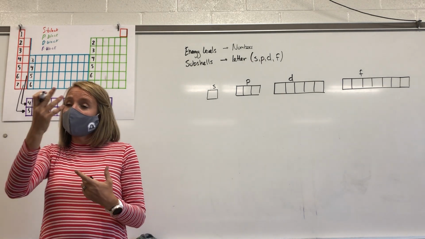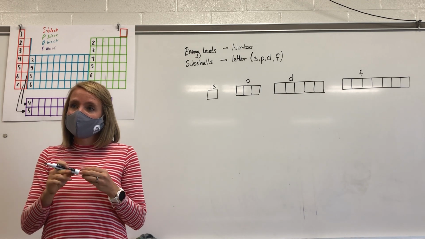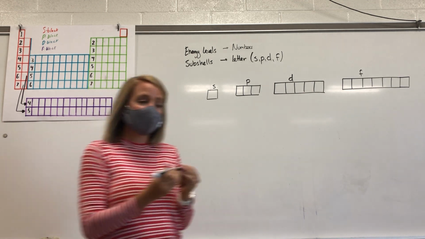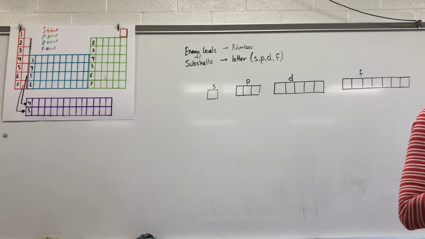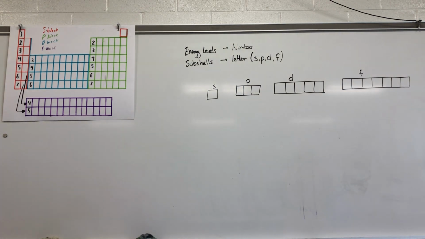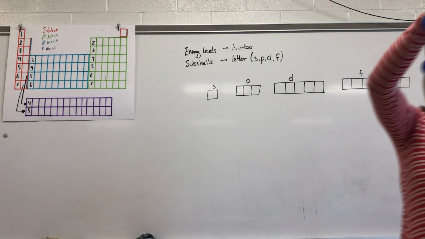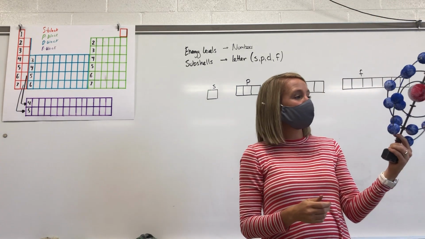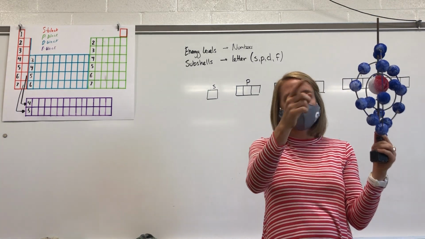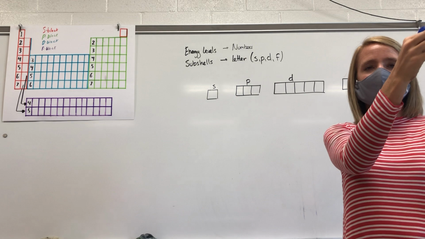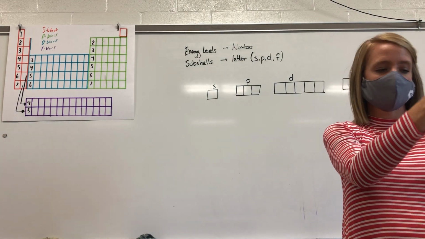Yeah, Evan. So does that mean on that example, all the circles would be different sizes? Because some might be S's, P's. Yeah, kinda. Let's build off that. So this right here represents the first energy level, right?